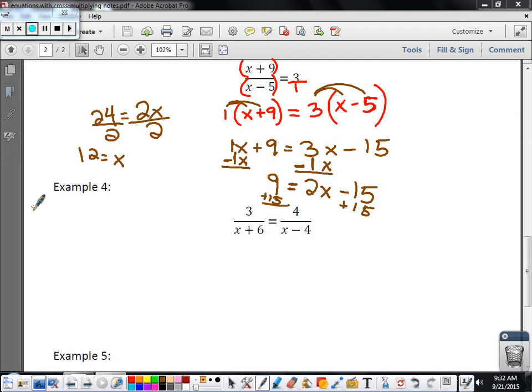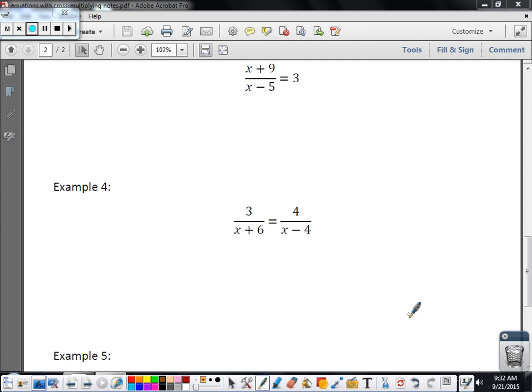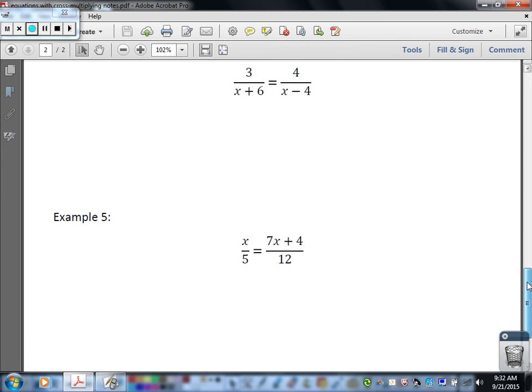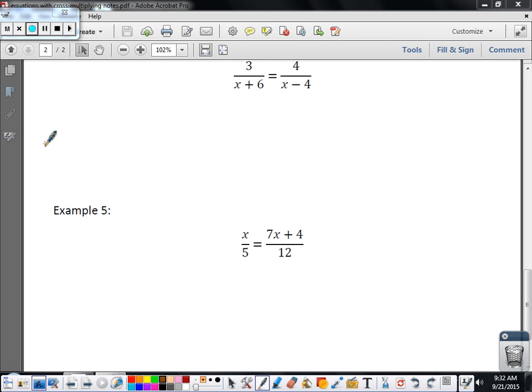All right, let's look at example 4. Actually, let me scroll up a little bit. All right. What do you do first, guys? Parentheses, right? Does it matter which one I put on the left side and which one I put on the right side?